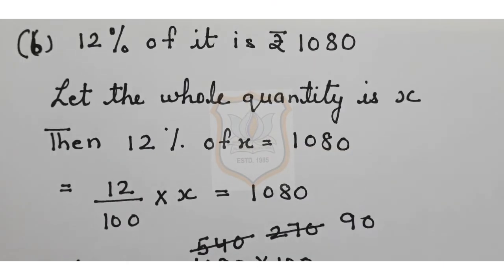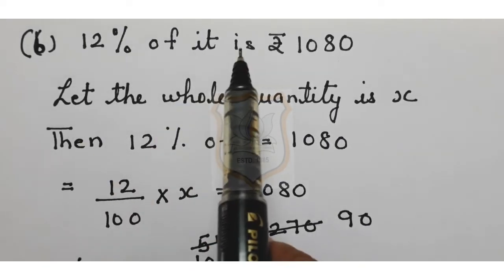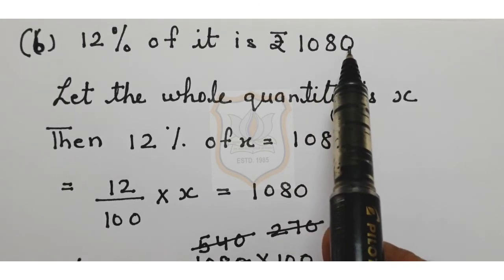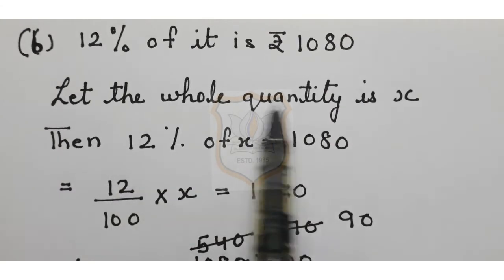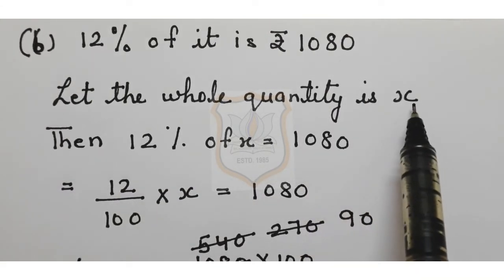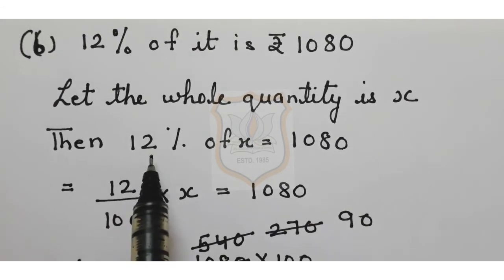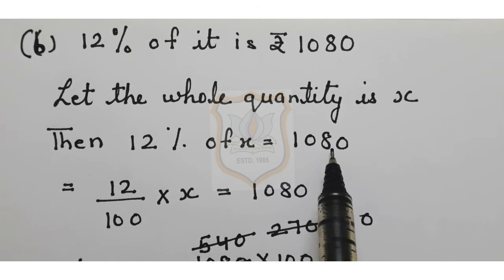Now let's solve B part of question number 5, and that is 12% of it is rupees 1080. You have to find out the whole quantity. Let the whole quantity be x. I have supposed that the whole quantity is x. Then 12% of x is equal to 1080.